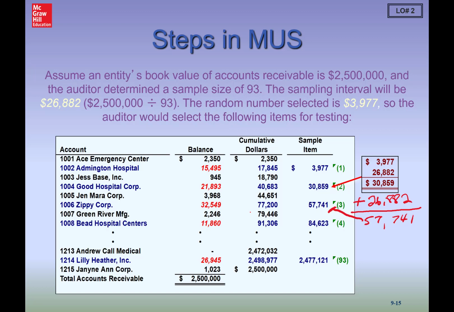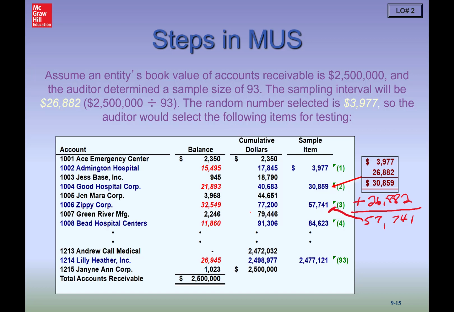Now we're on our interval. So we take our interval and add it to our random start, so now we're looking for the $30,859. We add in that 21, which brings us up to 40. So somewhere in the middle of that 21 is my $30,859, right? See how we're doing this? Then we add in the sampling interval.